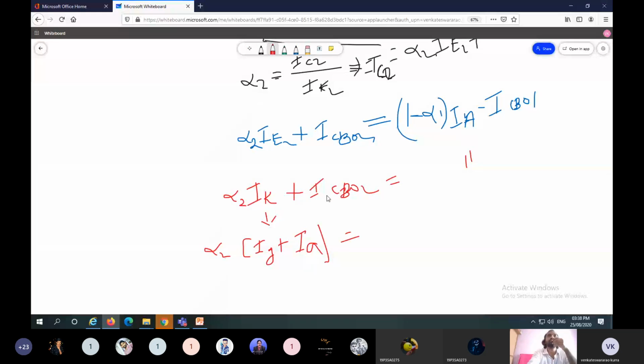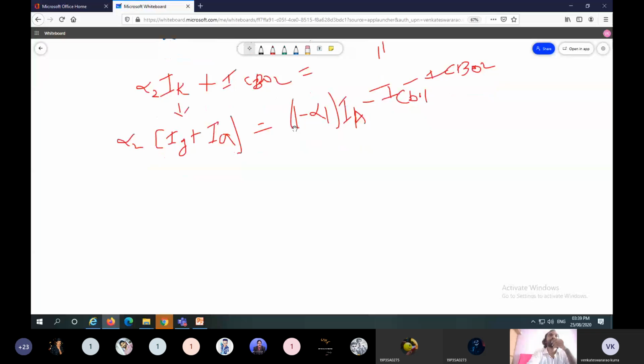Next, take this ICB01 to right side. So the remaining value is 1 minus alpha 1 IA minus ICB01, minus this one, plus ICB02 becomes minus ICB02 right side. So in these two terms, IA is common.